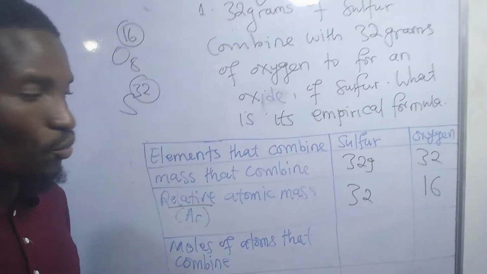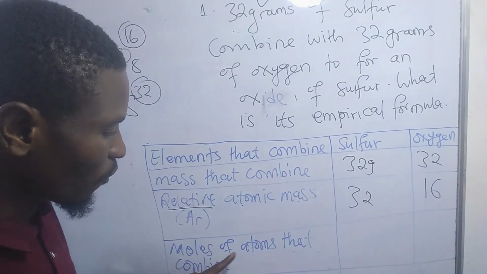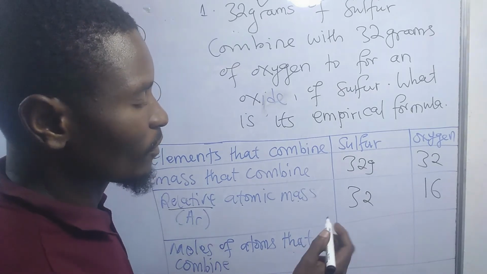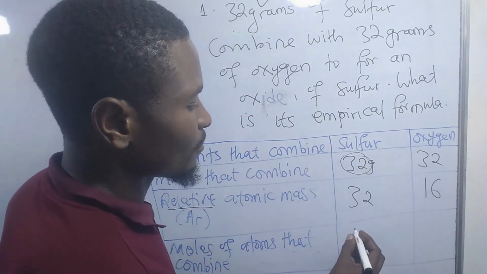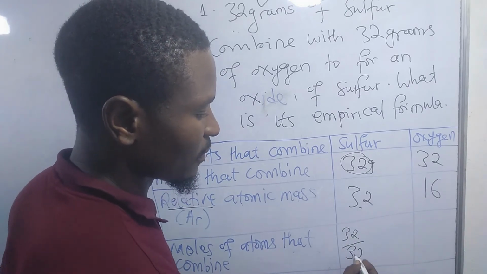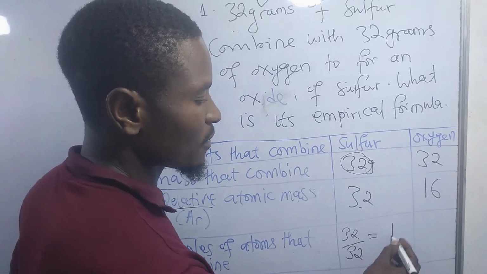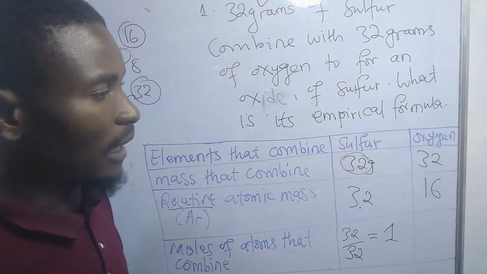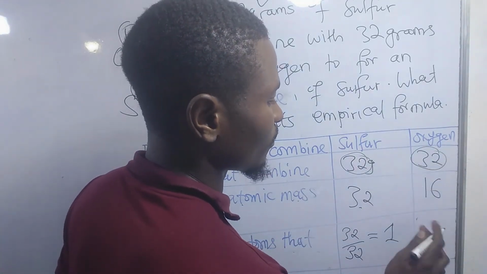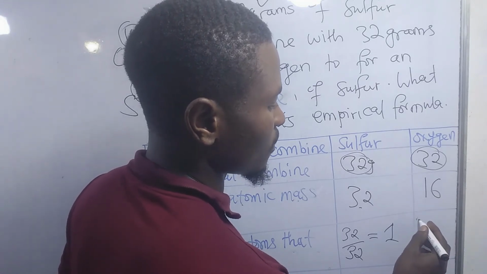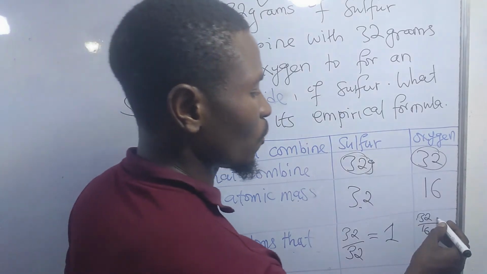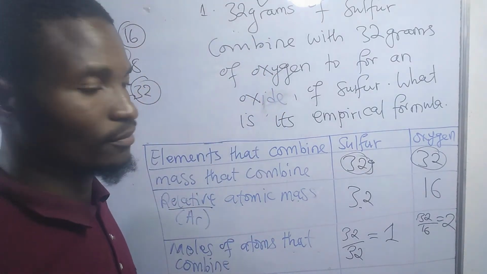Then you come to moles of atoms that combine. You get this mass and divide by this mass, so you get 1. Then you get the oxygen mass, 32 over 16, and you get 2.